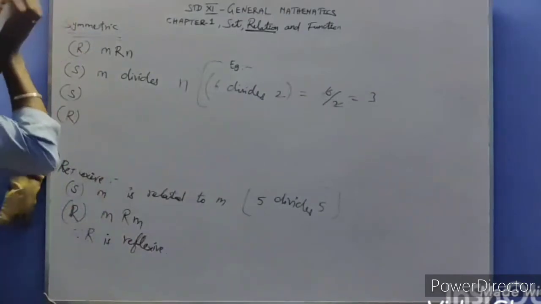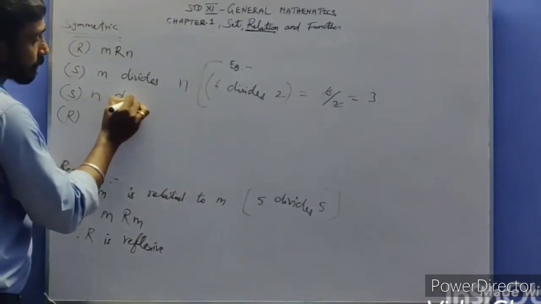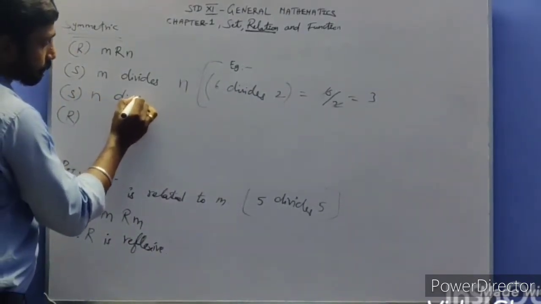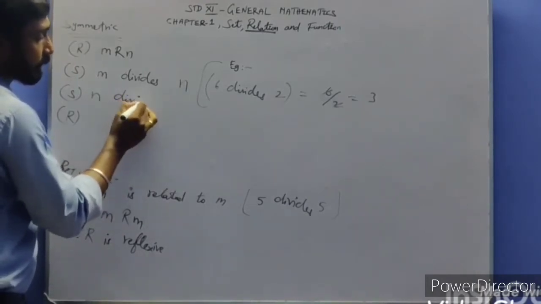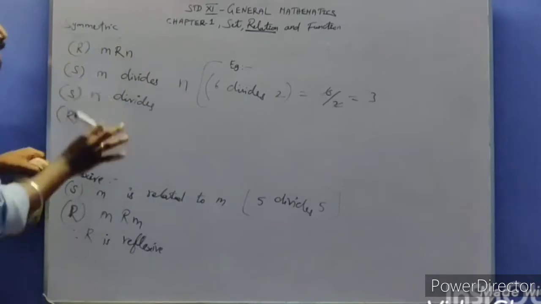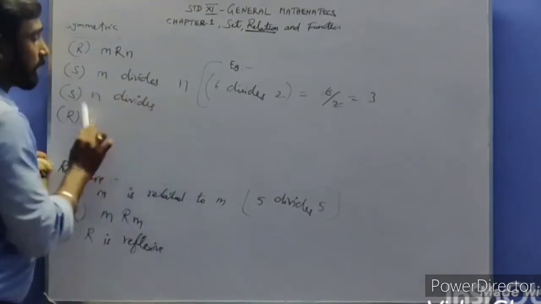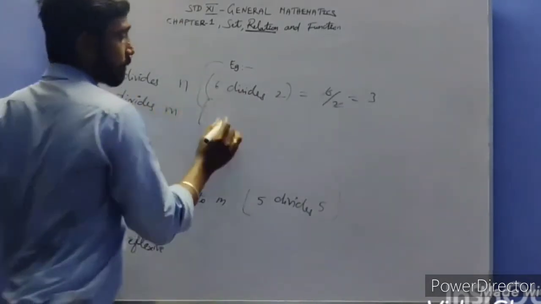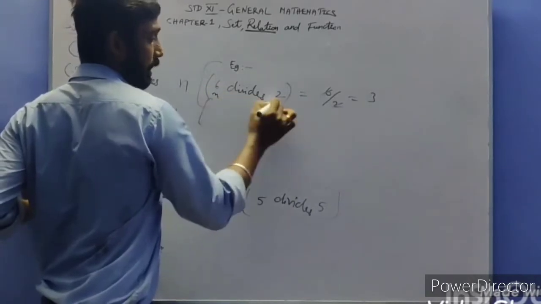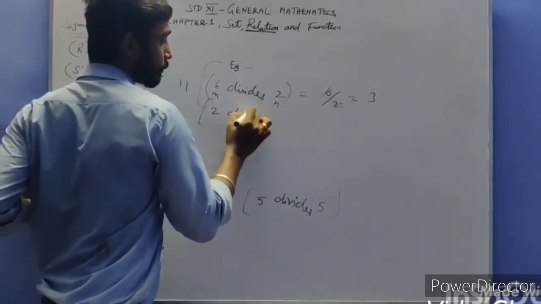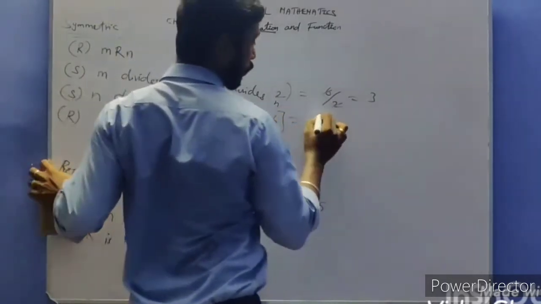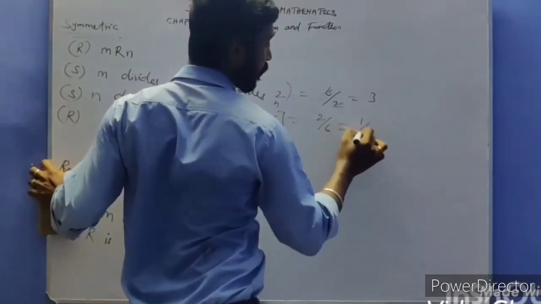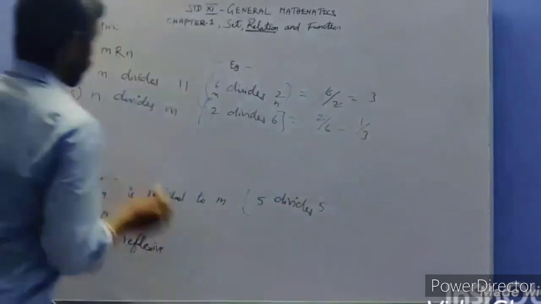Next, N divides M. Already we saw for symmetric: M divides N, N divides M. Here this one is M, this one is N. So 2 divides 6, 2 divided by 6, the answer will be 1 by 3.